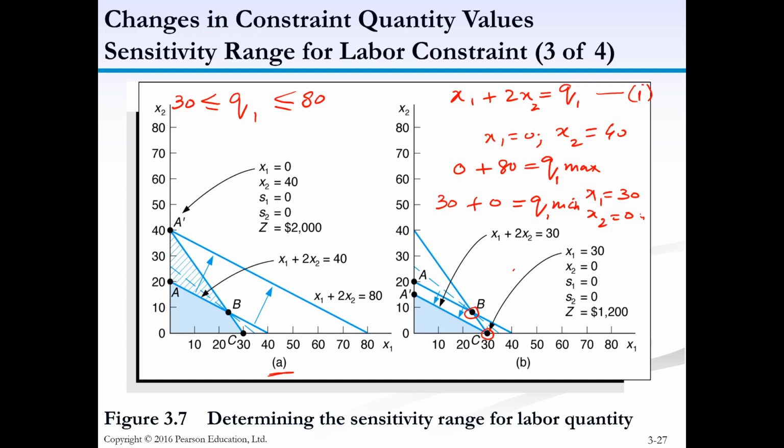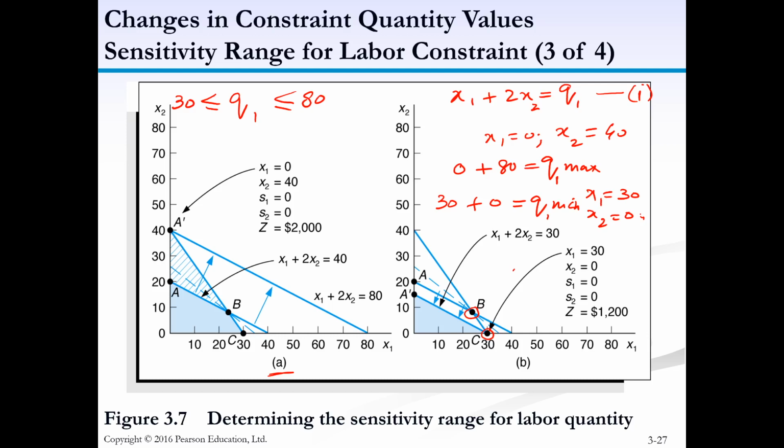This is the range over which the variable mix remains the same. After that, it changes. So the original value at x1 plus 2x2 is equal to 40. The solution mix had x1 and x2 both positive, and s1 and s2 both 0.